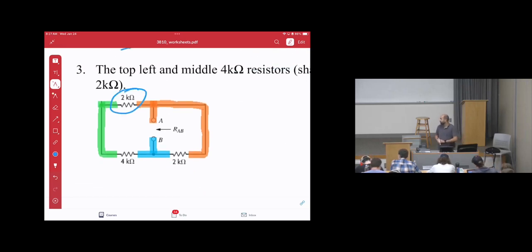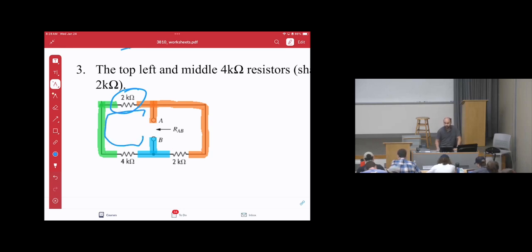Now, 2 kilo ohms and 4 kilo ohms, are those parallel or series? Again, it looks like parallel, but actually they are not. Okay, are those in series? How? Imagine there is a current from this point to this point.